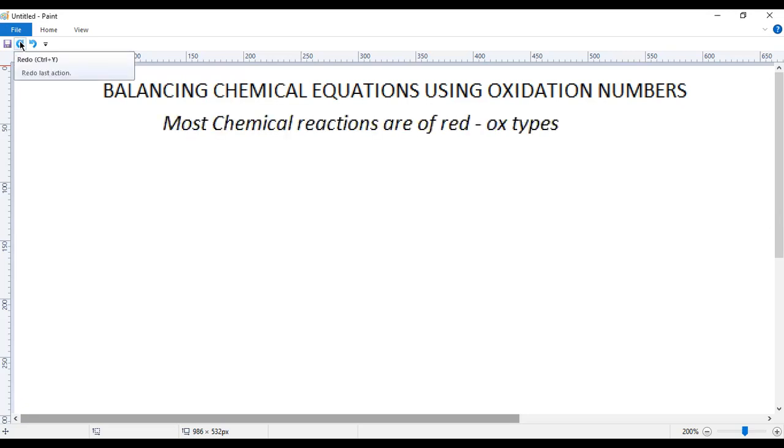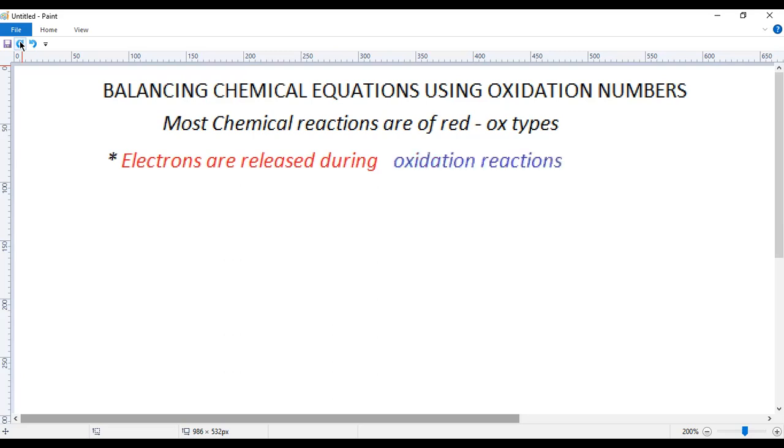This is because, except very, very few, most chemical reactions are of redox types. Now, when I say redox types, it contains two reactions. First one is, if I take oxidation first, electrons are released during oxidation reactions.